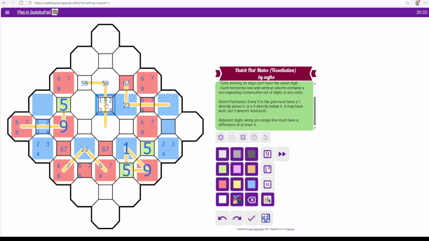So it's either a blue or it's a 9, which forces that as a 3. Now, I guess it could be anything.